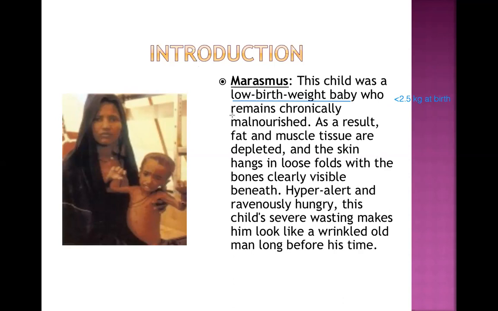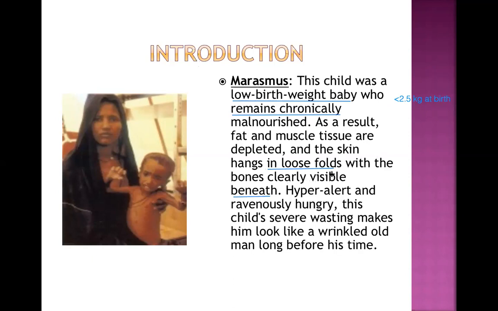Here, they remain chronically malnourished, as a result of which fat and muscle tissues are depleted and the skin hangs in loose folds with the bone clearly visible beneath. This is a hallmark of marasmus. Muscles are atrophied.